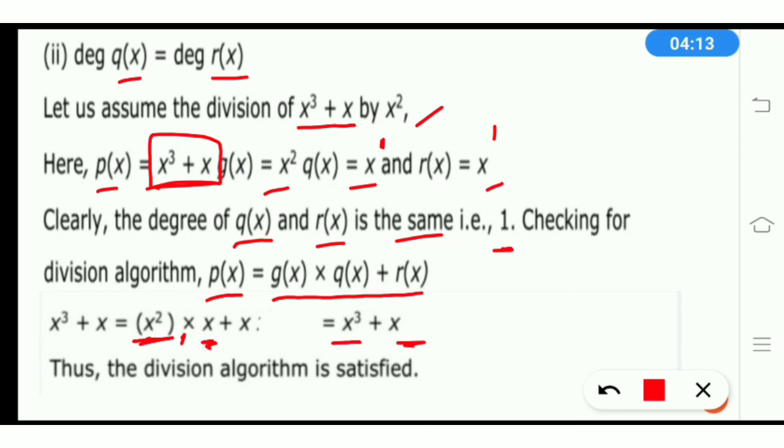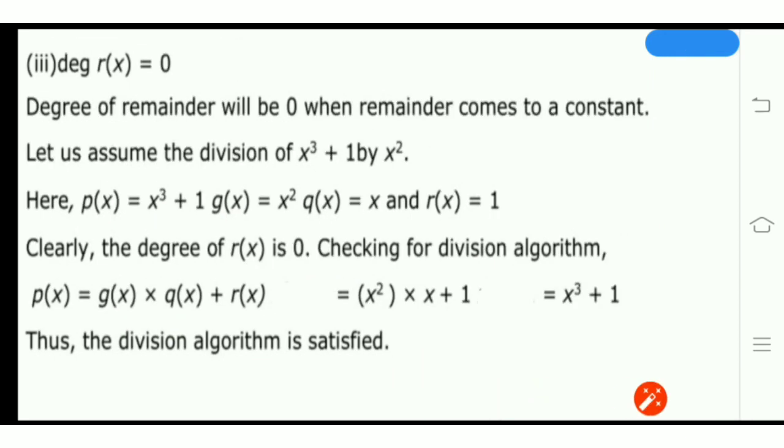Now next, question number 3. So here degree of r of x equal to 0. The degree of the remainder will be 0 when the remainder comes to a constant. Clear? So here we assume the division of x cube plus 1 by x square, that means dividend equal to x cube plus 1 and divisor equal to x square.